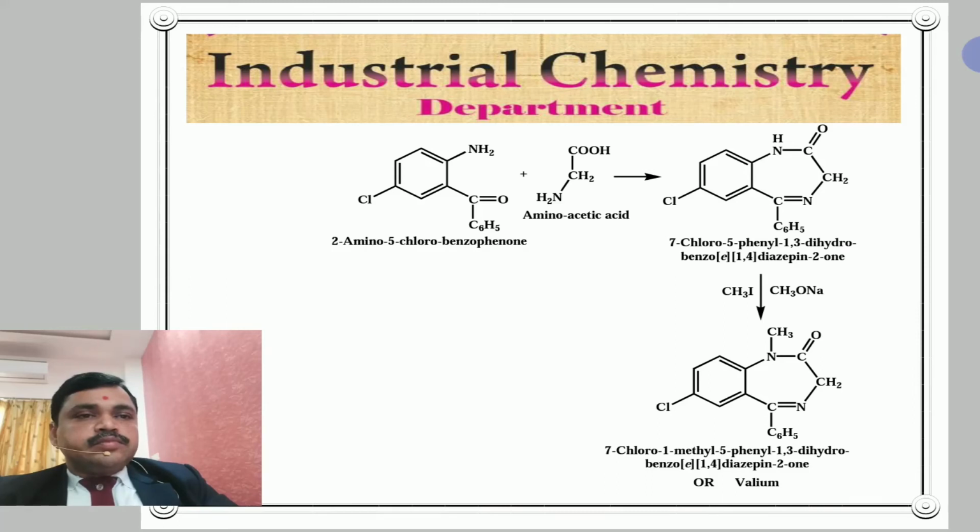Here a methyl group is introduced, and this methyl is from methyl iodide.